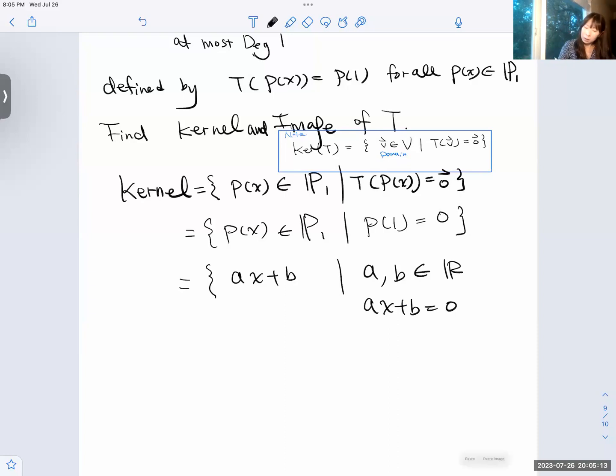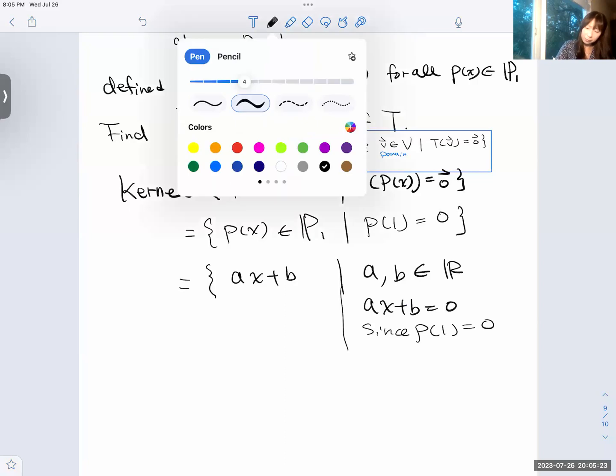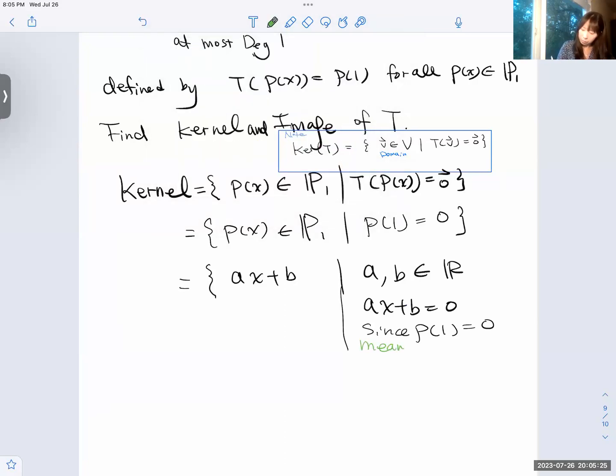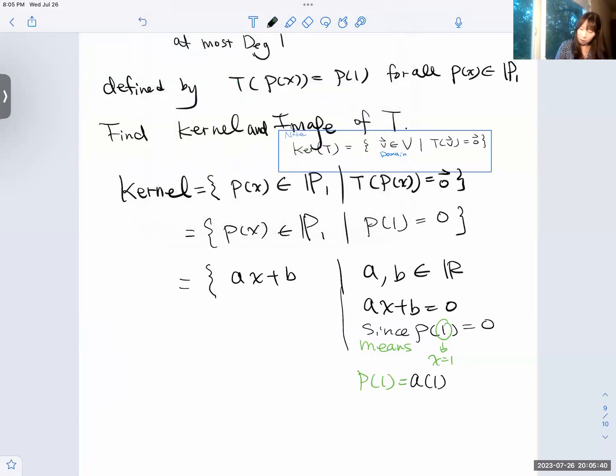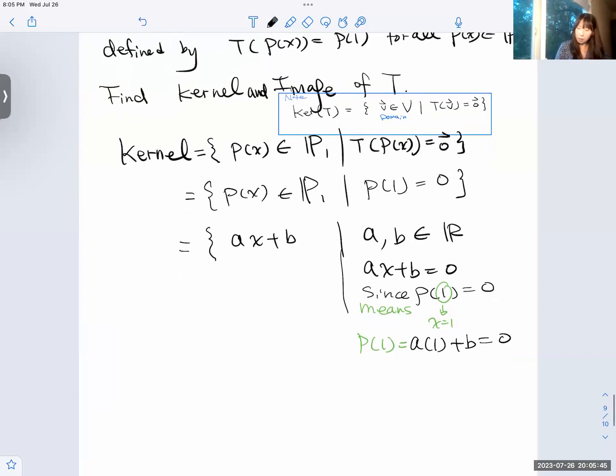Okay, now let us use that. Since P of 1 equals 0, this means X equals 1, right? So we have A times 1 plus B equal to 0. That is A plus B equals 0, right?